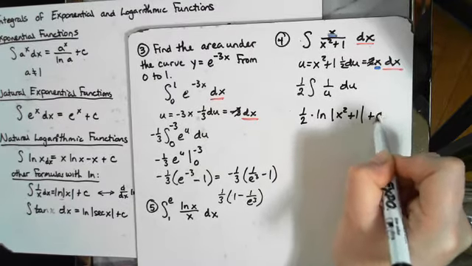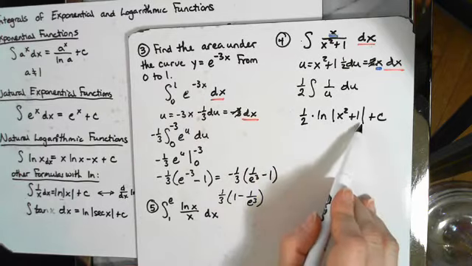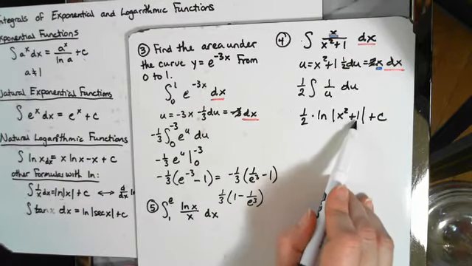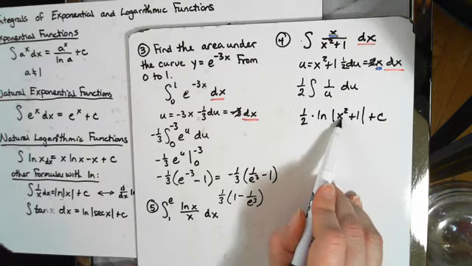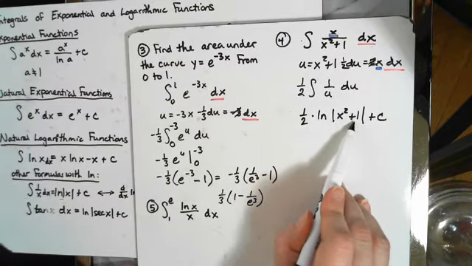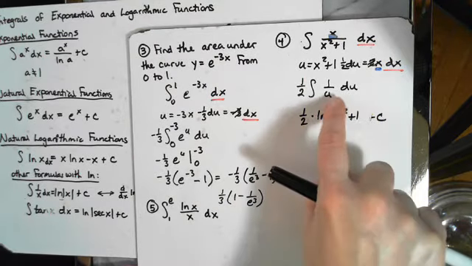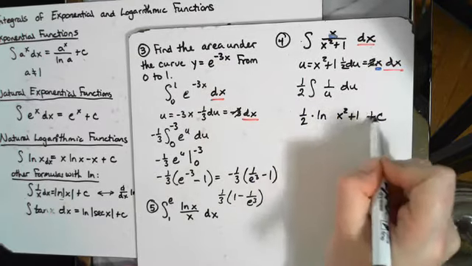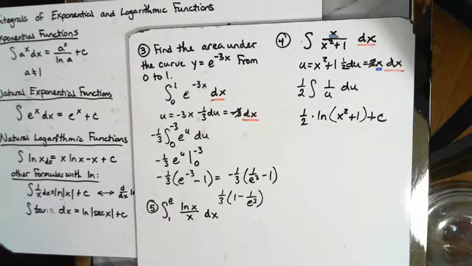And don't forget the plus c at the end. Now, I don't actually need these absolute value symbols because x squared plus 1 is always going to be positive. Whenever you square, you get a positive value. Then you add 1 to it, so it's still going to be positive. So those absolute value symbols are extra. I can simply use parentheses to show that they're all in the natural log. And that's my answer for that one.